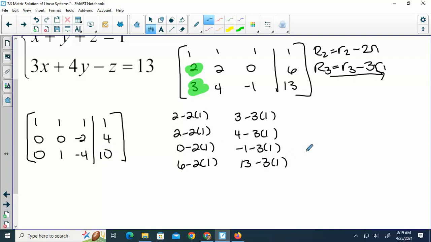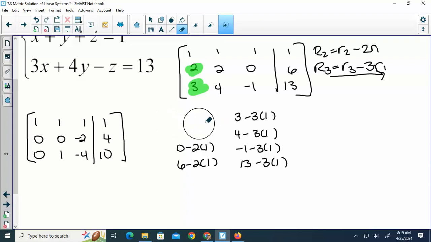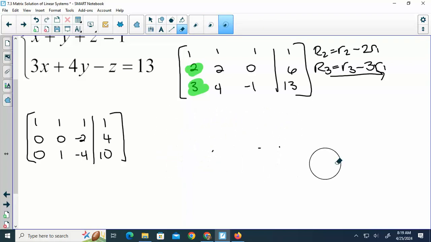Swap row 3 and row 2. So the next thing we need is a 1 in row 2, column 2. And I currently have a 1 in row 3, column 2. So we could just swap those rows.